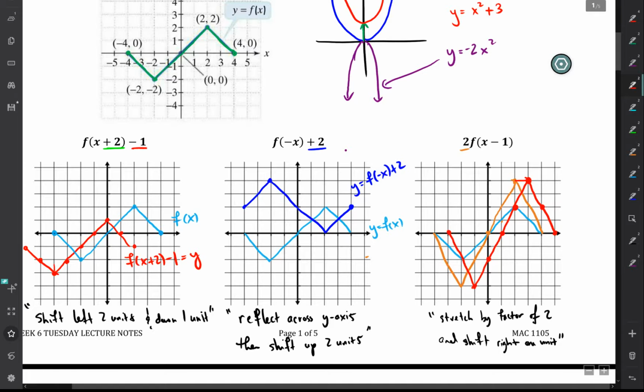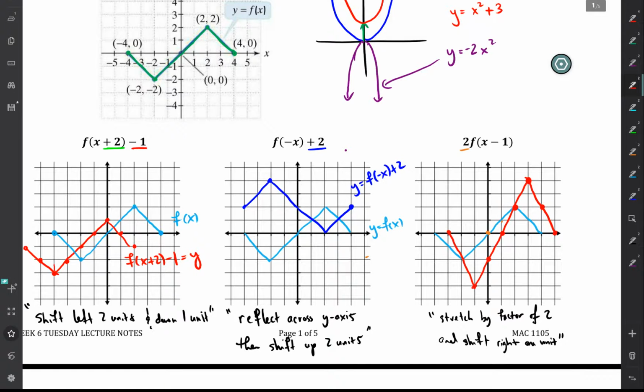And again, it might be easier now to delete the brown graph. So you can see that the red graph is obtained from the blue graph by first stretching the blue graph vertically by a factor of 2 and then shifting to the right 1 unit.